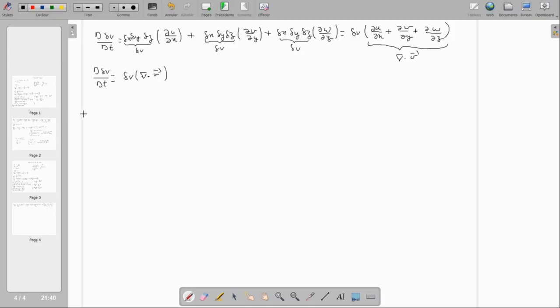So let's now combine the two material derivatives.